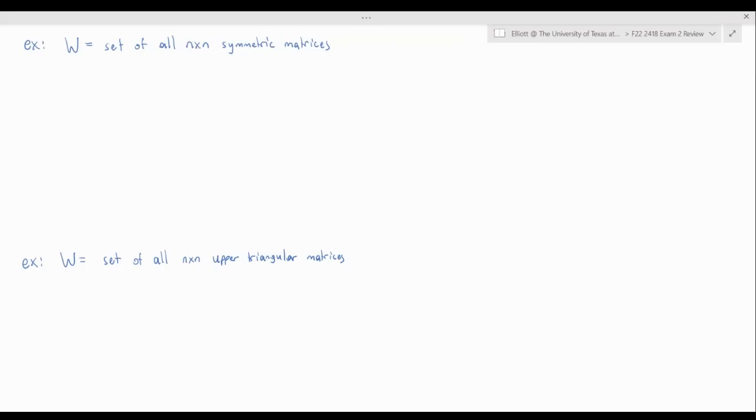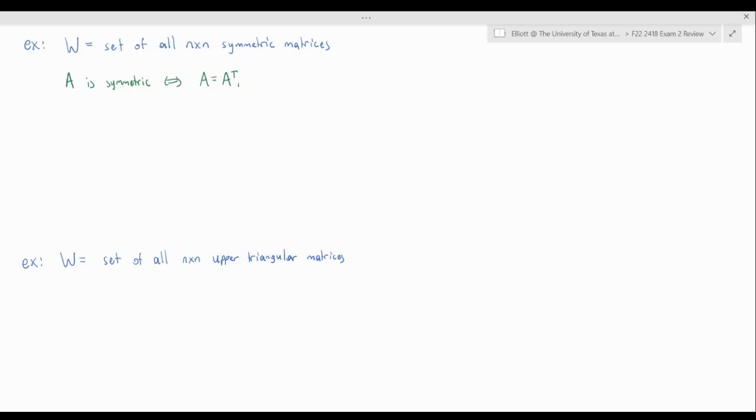So if we were to check if this is a subspace or not, it turns out that this will be a subspace, okay? So if I were to give a quick sketch of a proof of this, the key that you have to use here is that, remember that for a matrix to be symmetric, that is equivalent to saying that A should be equal to its own transpose, okay?